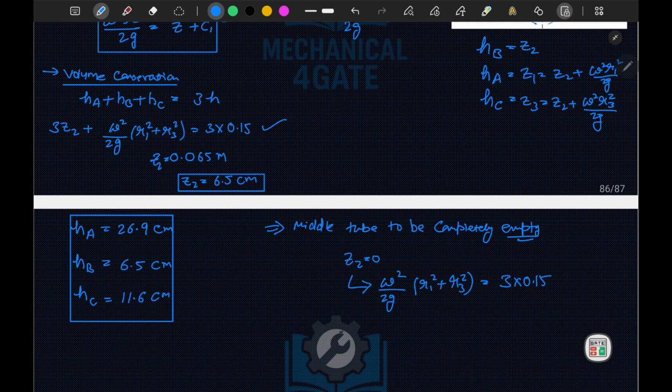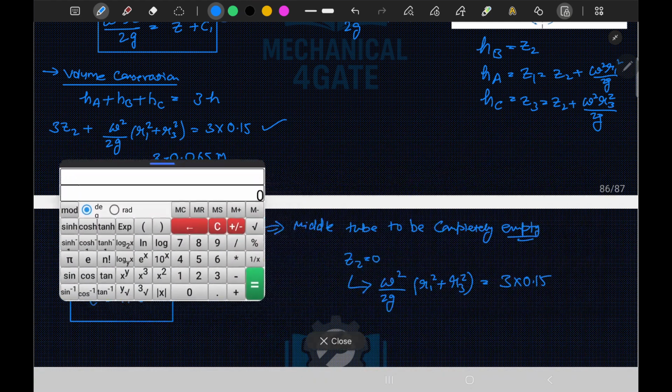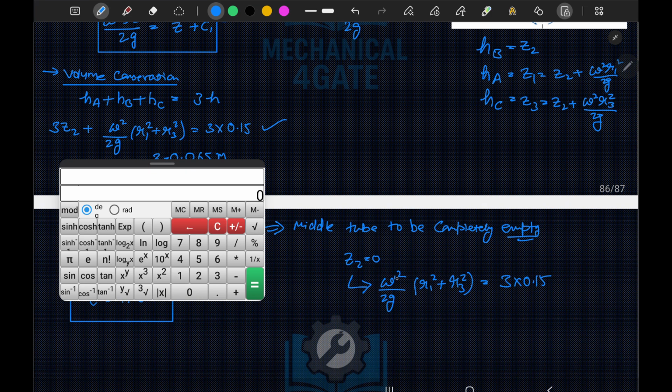Now if we solve this, we get 0.45 times g, that is 9.81, divided by 50. Sorry, we have to calculate omega dash, let's say this is omega dash, where Z2 dash is equal to 0.